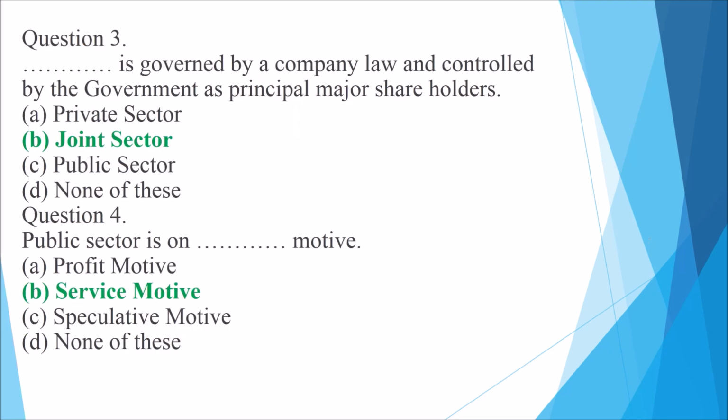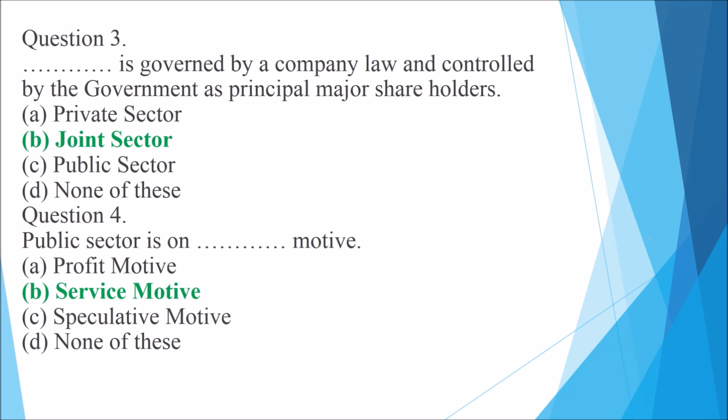Question number 3. Dash is governed by a company law and controlled by the government as principal major shareholders. Option A private sector, option B joint sector, option C public sector, option D none of these. So the correct answer is option B joint sector.